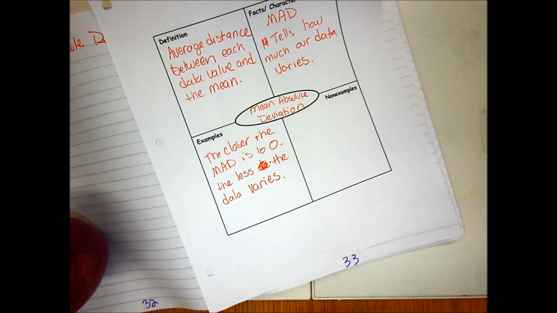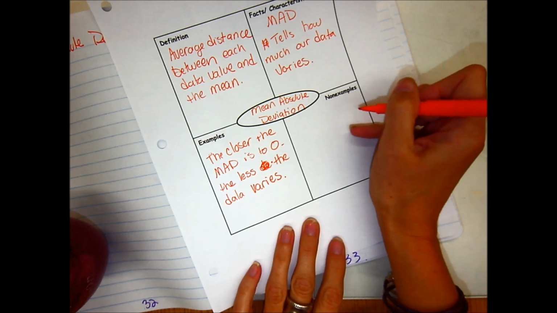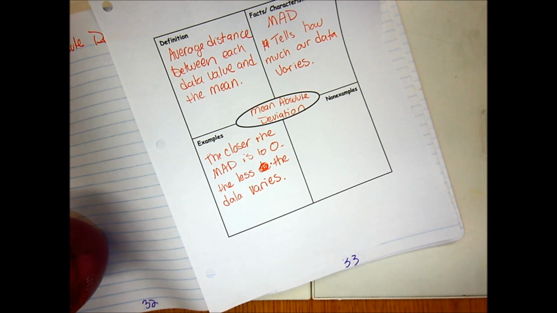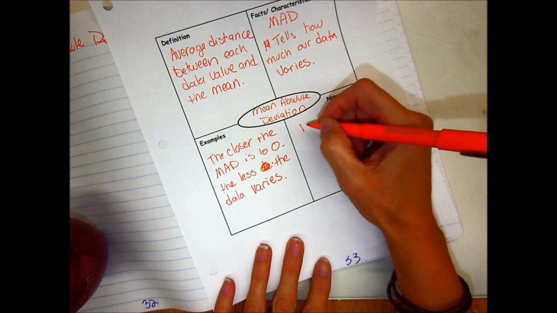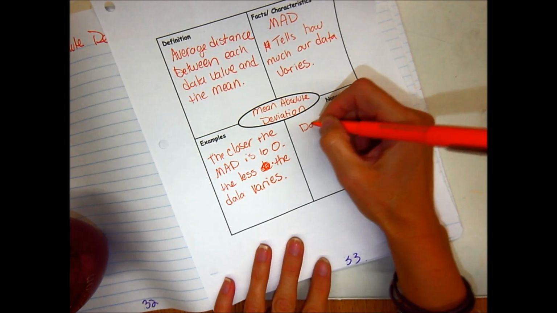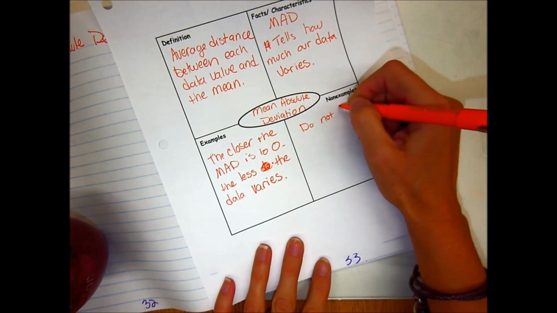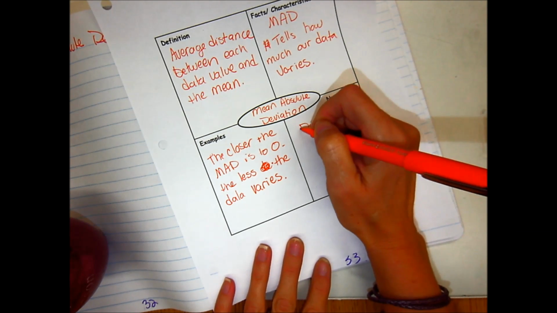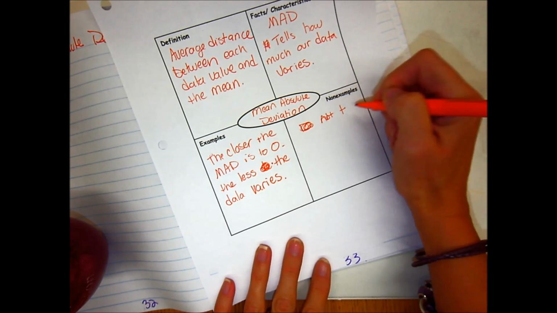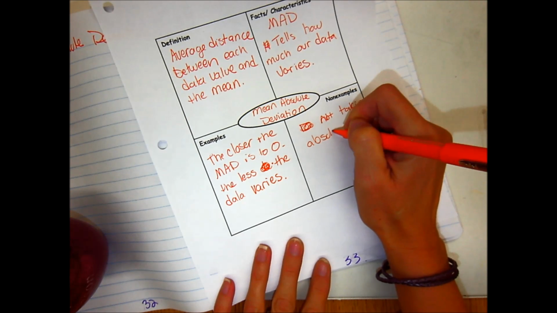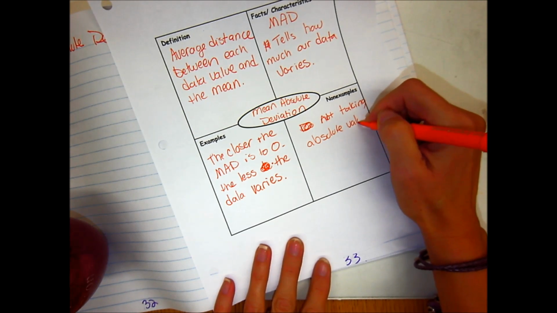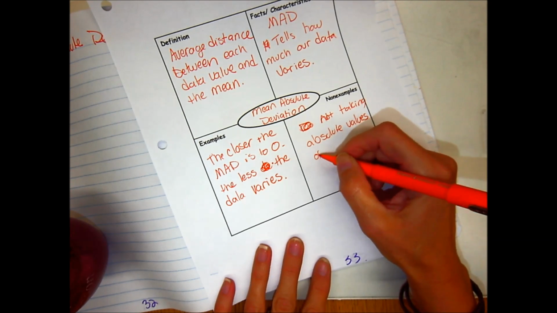So non-examples of mean absolute deviation would really be the important thing here. Instead of showing an example, we're going to write something. Something that people forget to do is, oops, I shouldn't write it that way. I should write: not taking absolute values of the difference.